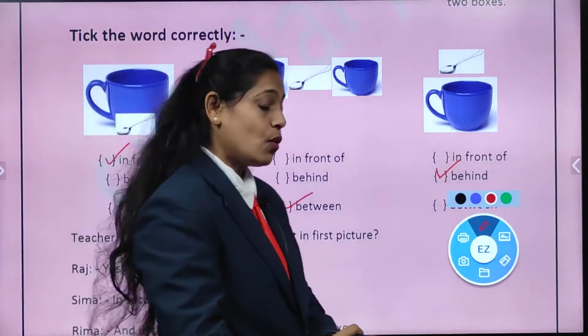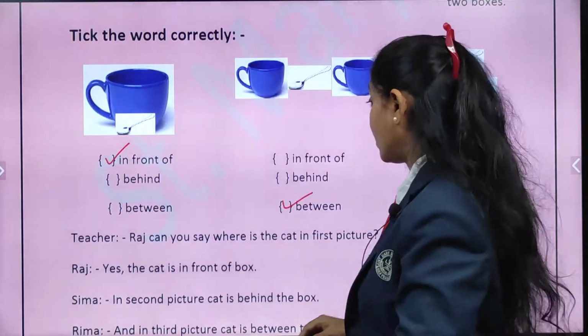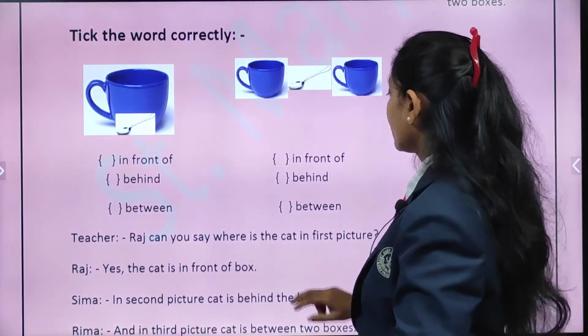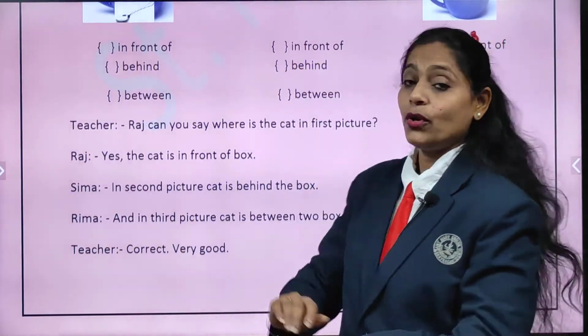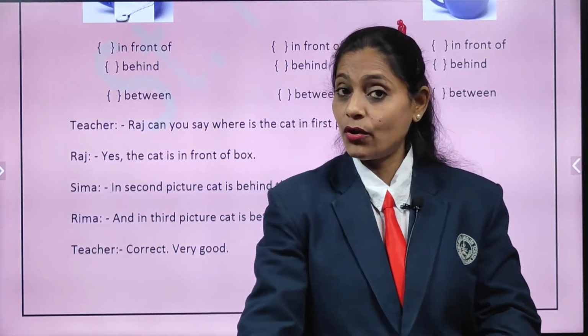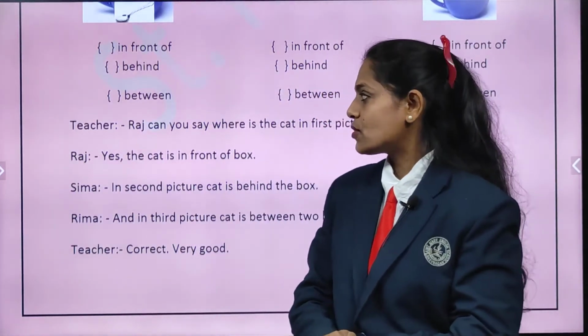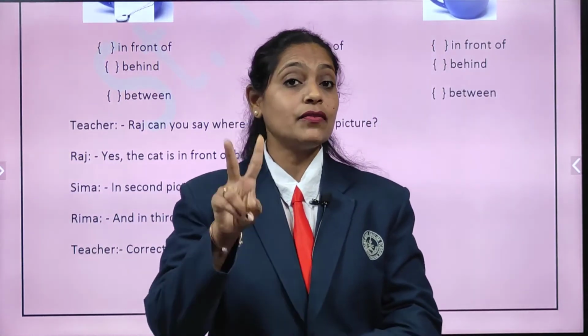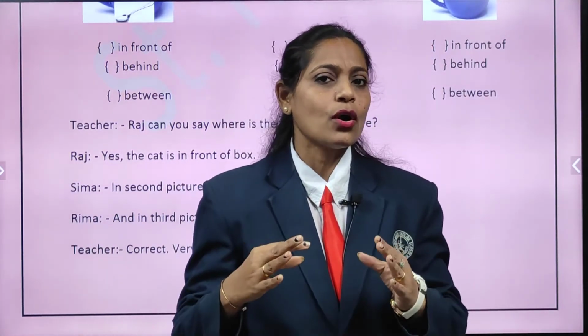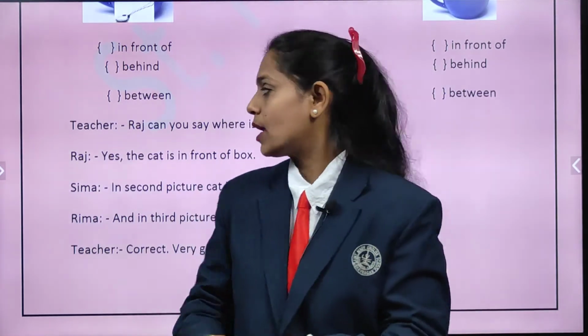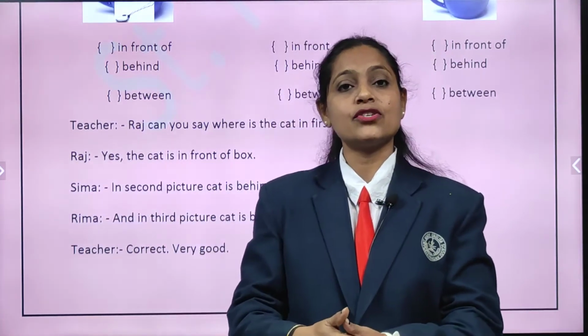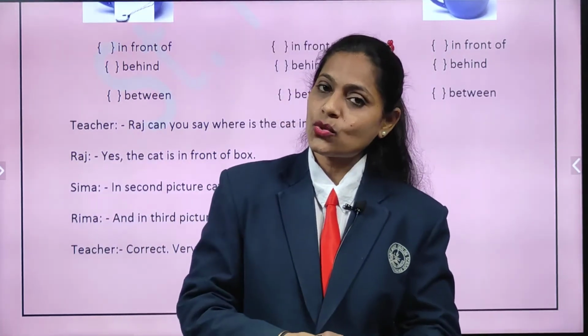Okay, so now after this exercise we have a conversation. All of you look here, and I already told you this before. A conversation is a dialogue between two people. When two people talk, we call it a conversation. And here we have a conversation between a teacher and a student.